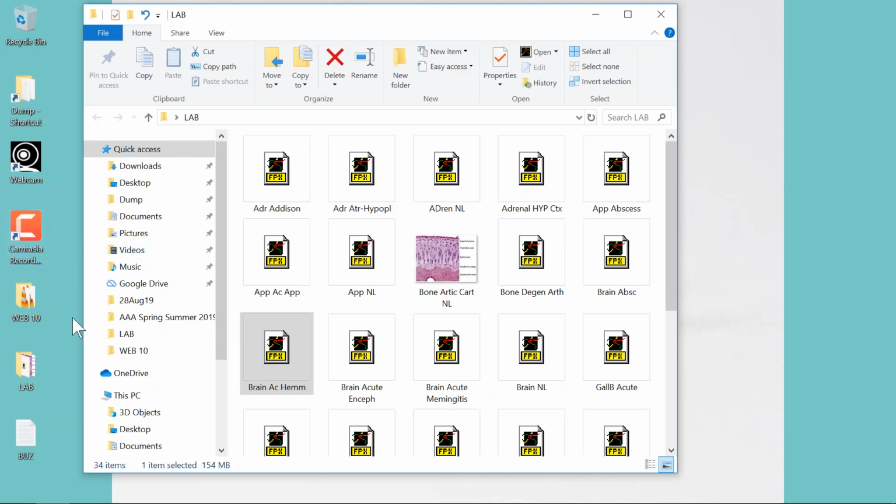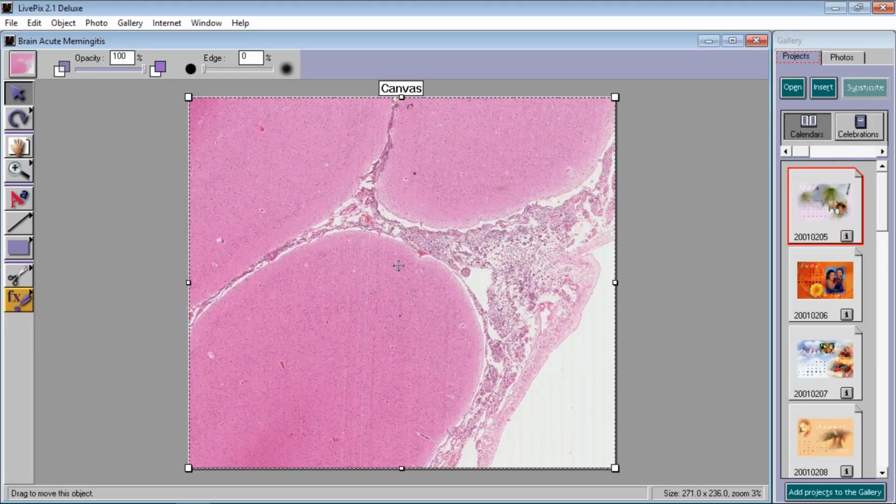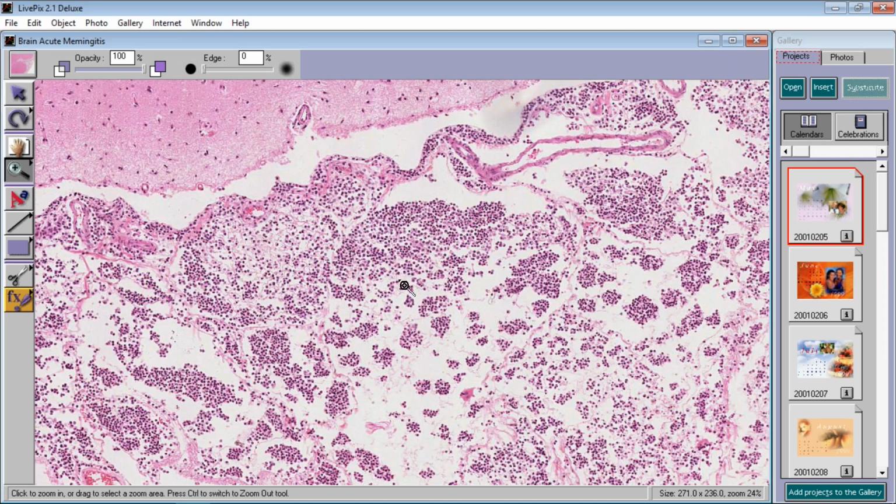How about if we take a look at another brain thing, like here? We have brain again. And look, you can see once again what look like normal gyri and normal sulci. But what about these delicate meningeal cells that cover the gyri and go into the sulci? What can we say about that? Well, what we could say is that the meninges are now infiltrated by inflammatory cells.